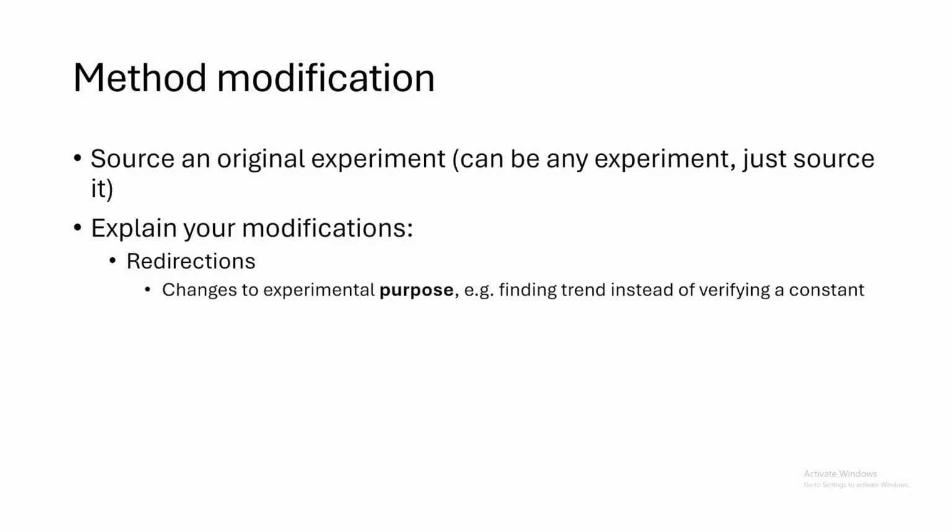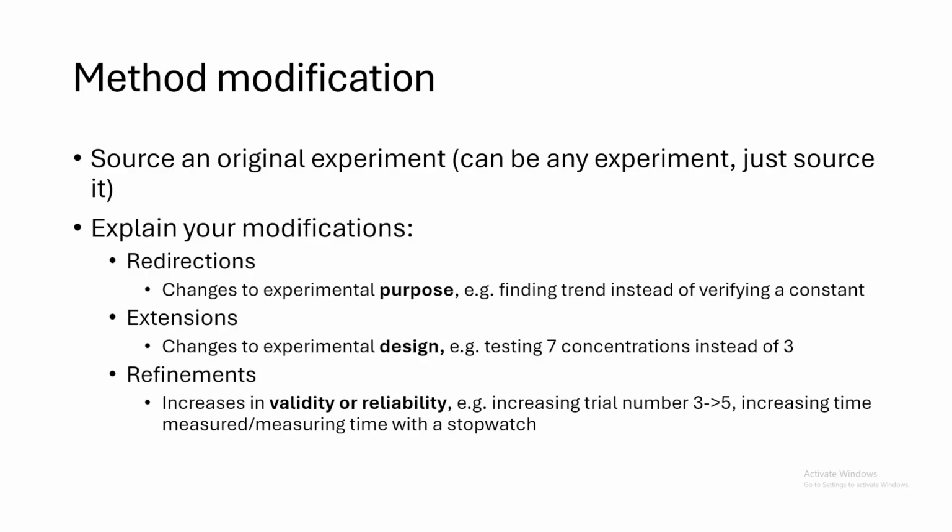there are three types of modifications. So there's redirections, which is changes to the experimental purpose. So if the original experiment was finding a trend or finding a qualitative change, you will be changing that purpose and redirecting it towards something else about the specific theory or experiment you're doing.